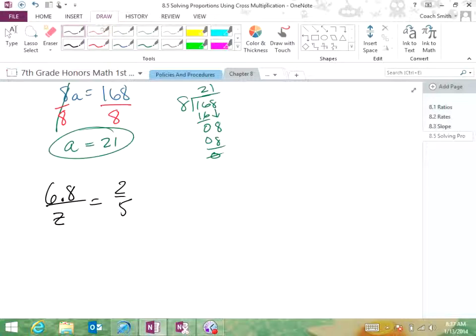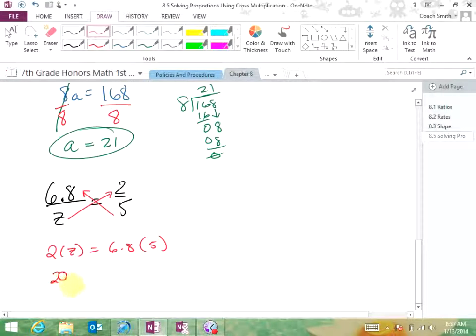Okay, so if we cross multiply, that gives me 2 times Z is equal to 6.8 times 5. That's 2Z equals 34.